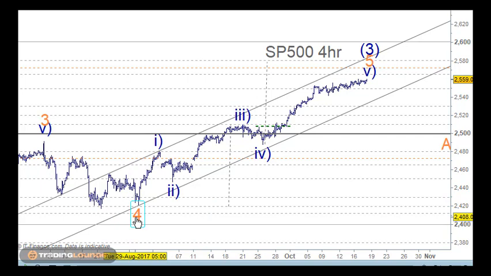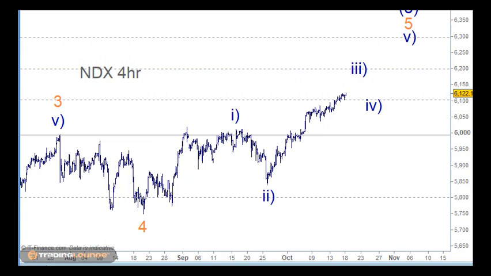So if we look at the NASDAQ on the 4-hour chart as well, from its wave 4 low here, which is the low of this structure, then we can look at this as 1 and 2 and 3 and 4 and 5 here, and then wave 2 coming into play here. And then we would be looking at this as wave 3 moving up into this space, then wave 4, and then wave 5 here.